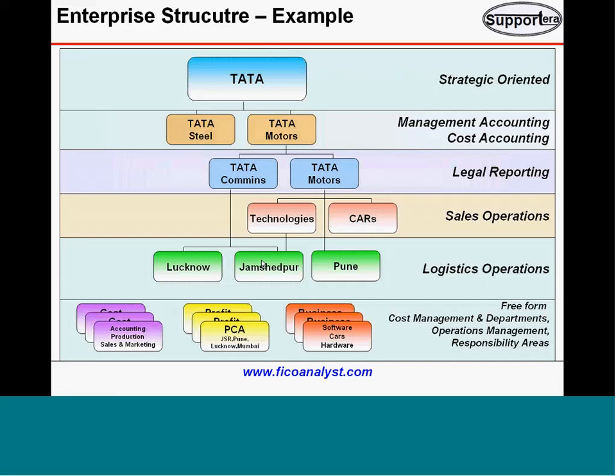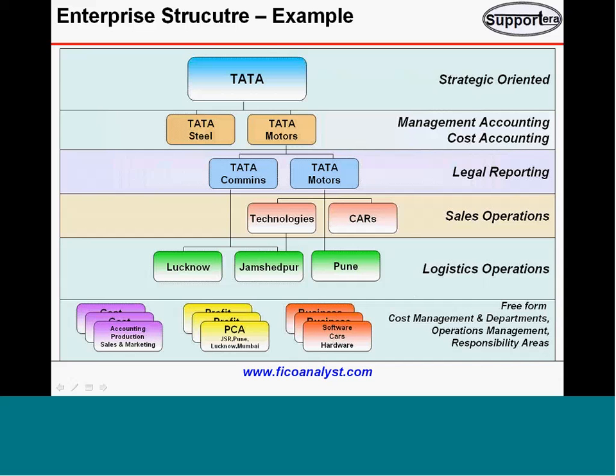So they sell even software, not only automobiles, software which is installed in the cars and which is used for designing the cars. Then if you go to logistics, they have plants at Pune, Jamshedpur, Lucknow, Mumbai, and of course many other locations. This refers only to Tata Motors and Tata Cummins that I am talking of.